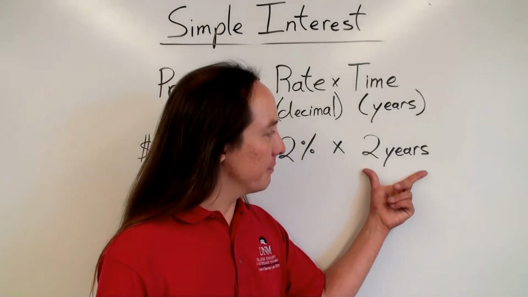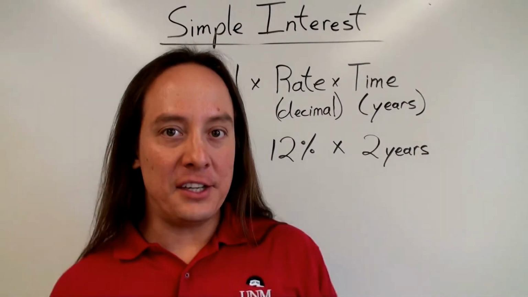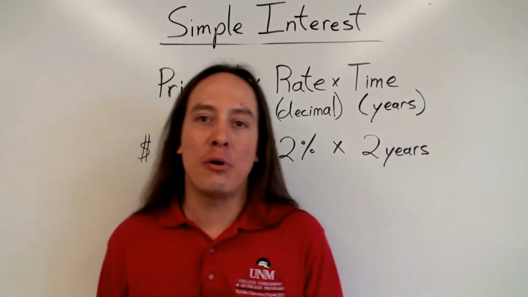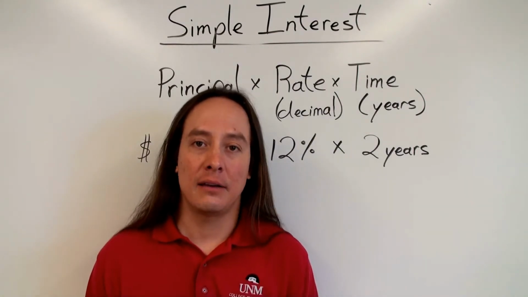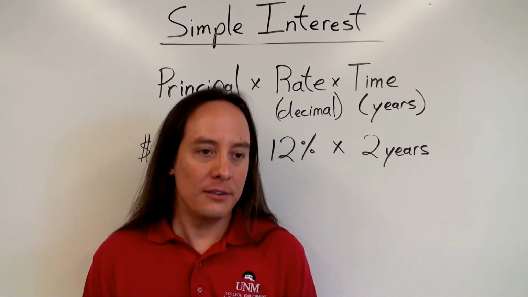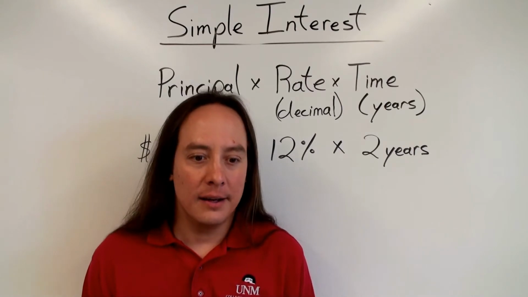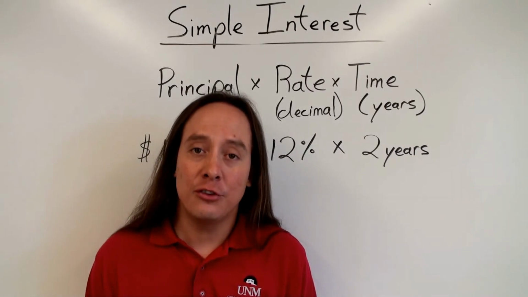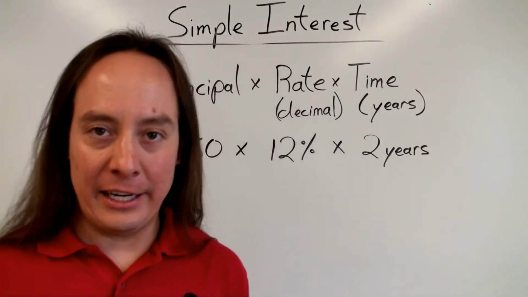Also, years, or the time, needs to be expressed in years. Now, you'll see some problems that will have the time expressed in months, like 5 months or something like that. So just make sure that you do those two conversions: that the interest rate is in a decimal form, and that the time is in years.